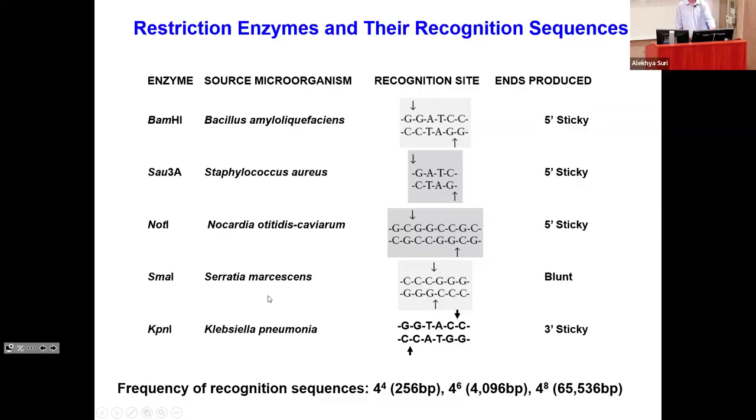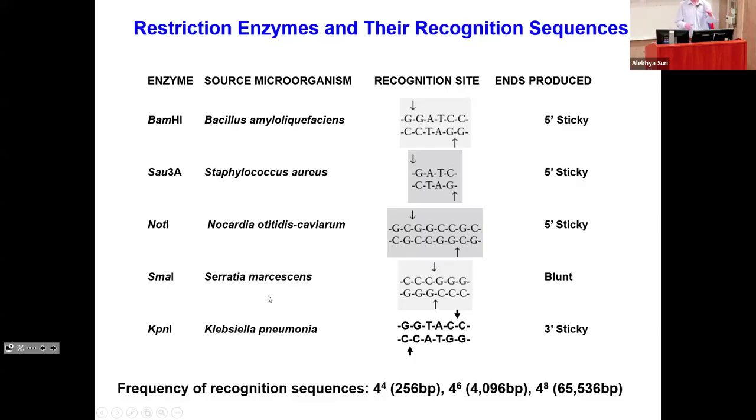This is just a list of different enzymes and what they recognize. You don't need to study this for the exam, but you see different sequences and different lengths. There's, for example, NotI here. This sequence exists very rarely in chromosomal sequence.